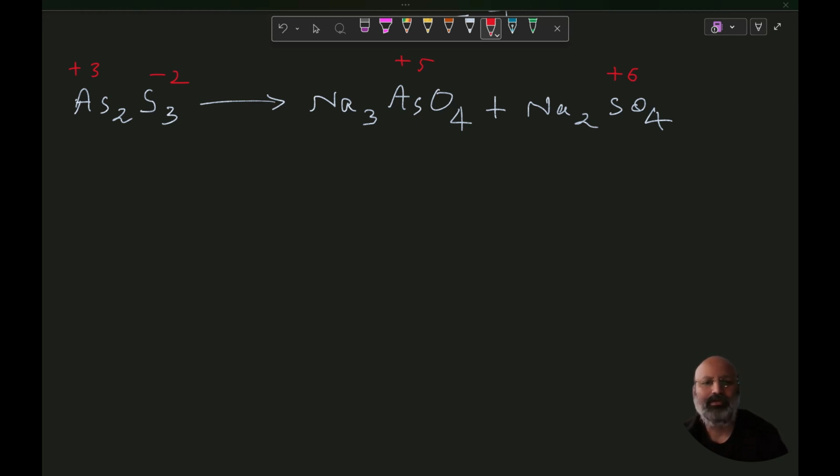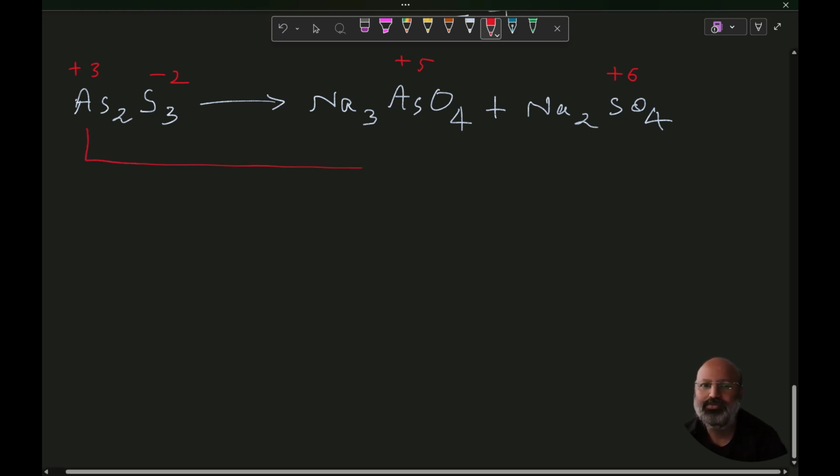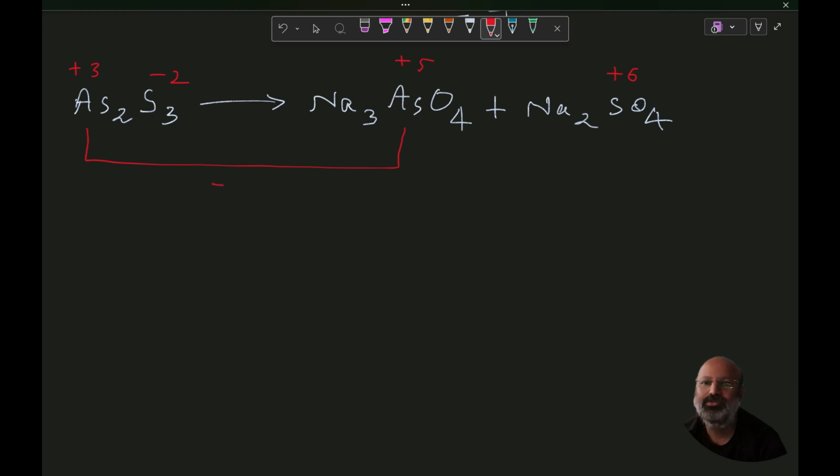So here, how to calculate n factor? Now see the difference between these two. Here you can see the number of electrons lost, 2 electrons. Okay, how many atoms are there? 2 into 2, that is minus 4. Okay, that is our N1.